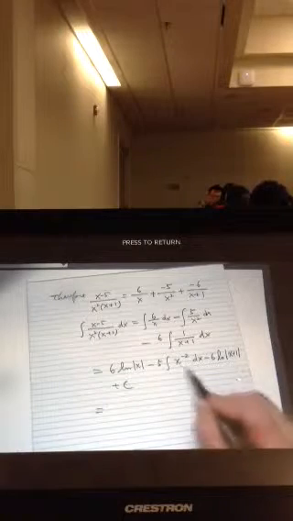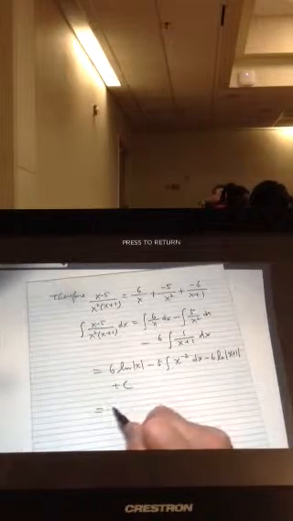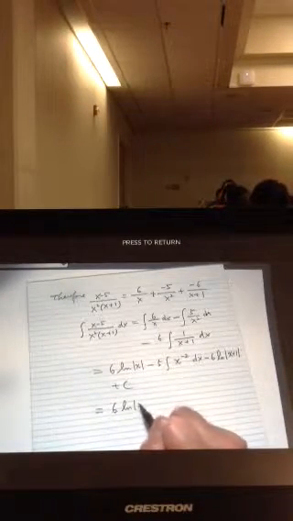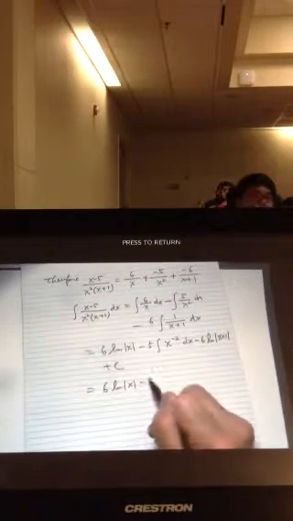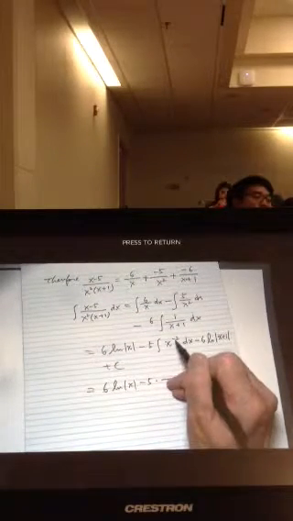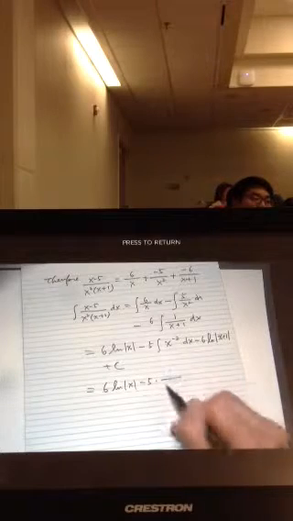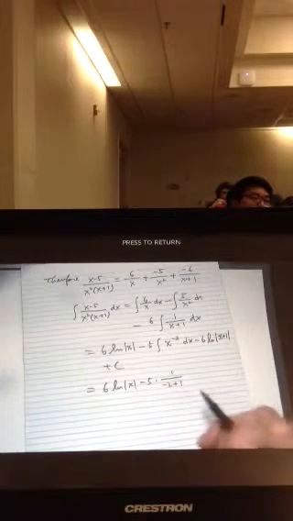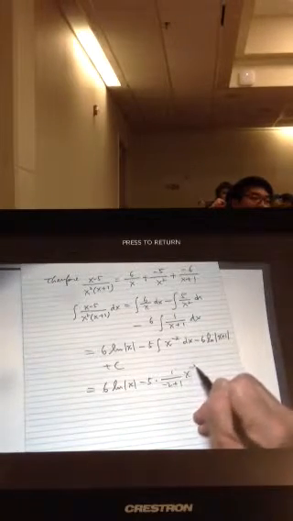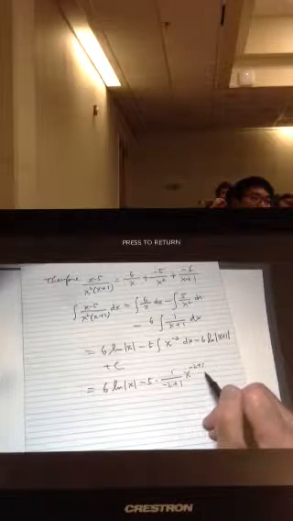So the antiderivative of x to the minus 2 is what? So minus 5. Remember the power rule for integration? 1 over this, right? x to the minus 2 plus 1. Okay?